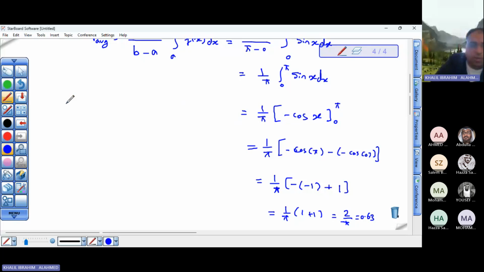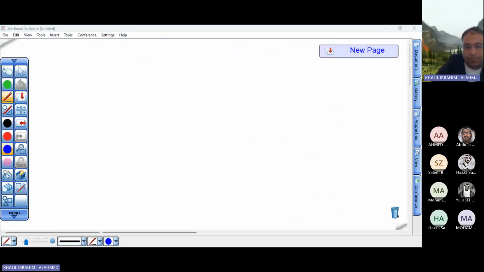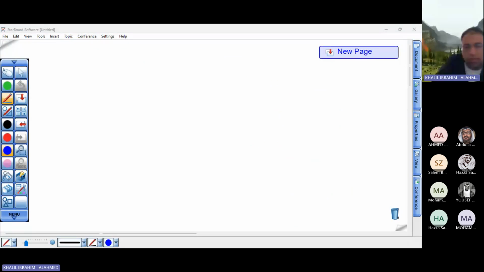Let me give you the last example from the exercise. Compute the average value of the function.